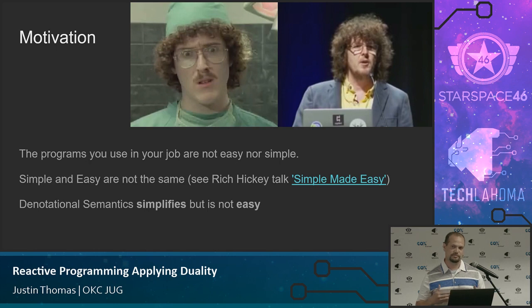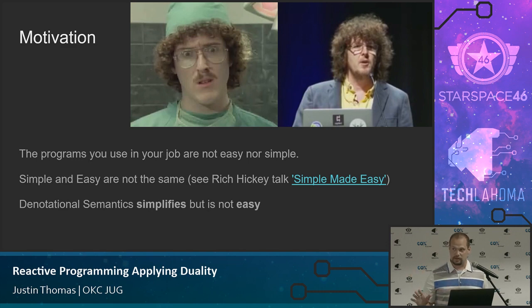So I just want to say that we're going to dive into some mathematical stuff that's actually simpler, but maybe not easier. What I mean by that is that when we talk about the code that we're looking at, I'm not worried about things like cache misses, memory layouts, memory limits, garbage collection, performance, security, versioning, building, class loaders, deployment.